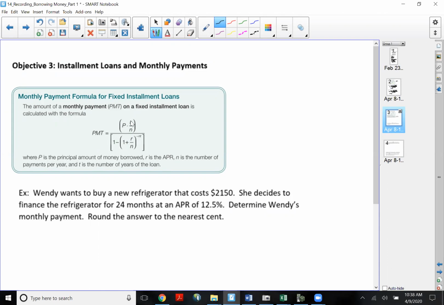R is your interest rate in APR. Lowercase n is the number of payments per year, which is going to be 12 because an installment loan is paid 12 times a year. And T is the number of years of the loan, so T has to be in years.